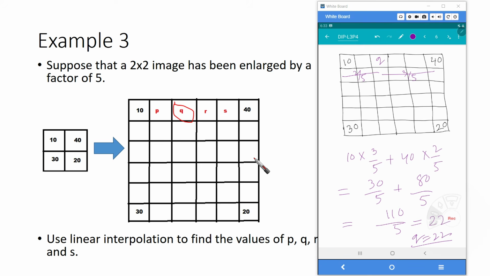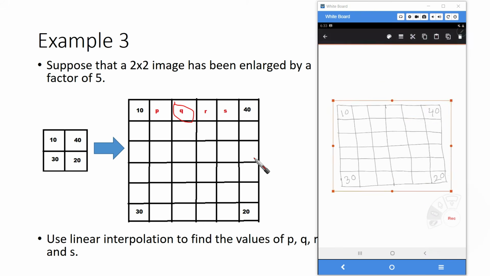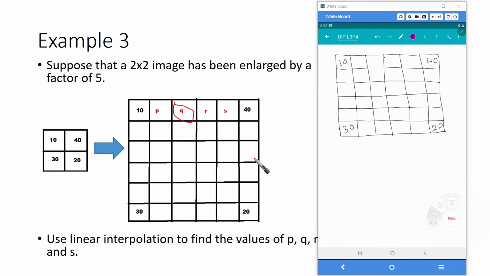Now what is the value of R? We can say that this is the distance and this is R. The distance between these two is 2 over 5 and the distance between these two is 3 over 5. So the value of R is 10 multiplied by 2 over 5 plus 40 multiplied by 3 over 5.